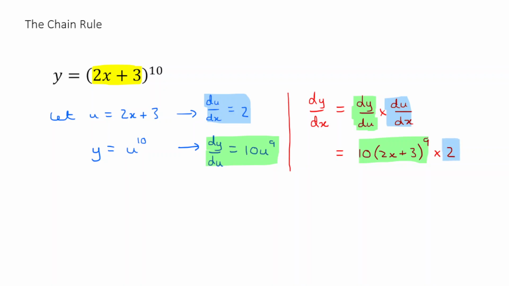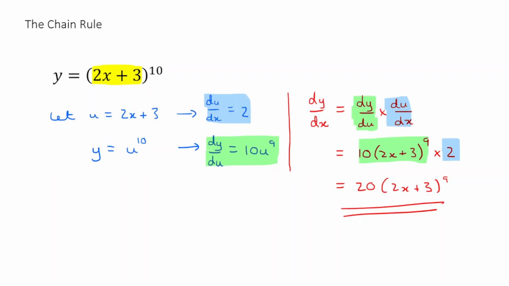So in the end, when we multiply through, we get 20(2x plus 3) to the power of 9. So how do we differentiate y equals (2x plus 3) to the power of 10? Like that, we get 20(2x plus 3) to the power of 9.